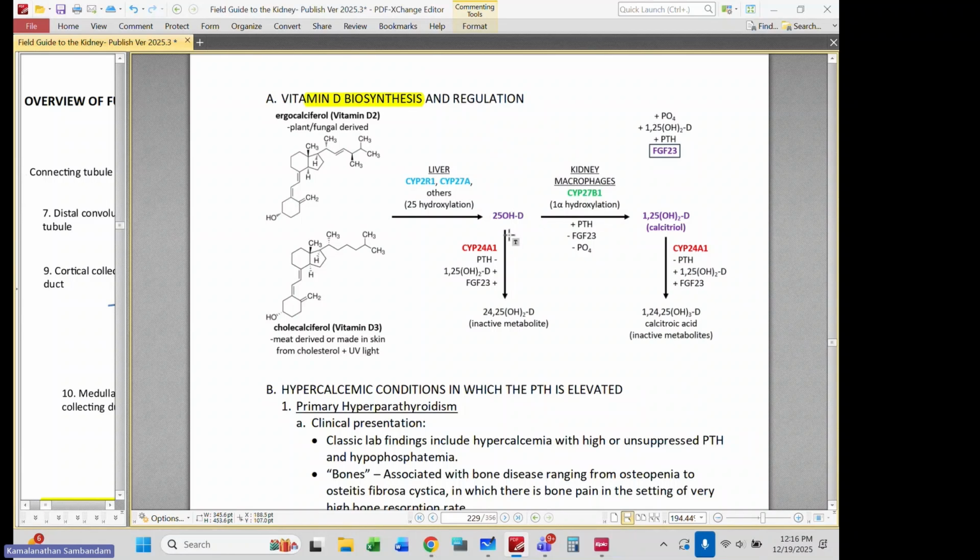So it's not uncommon to have 25 hydroxy vitamin D levels that are low in primary hyperparathyroidism, and calcitriol levels that are going to be on the higher end of the normal range or overtly high. Okay, sometimes that can help us in distinguishing a case of primary hyperparathyroidism from tertiary hyperparathyroidism. It's not a best test, but that might be one clue.